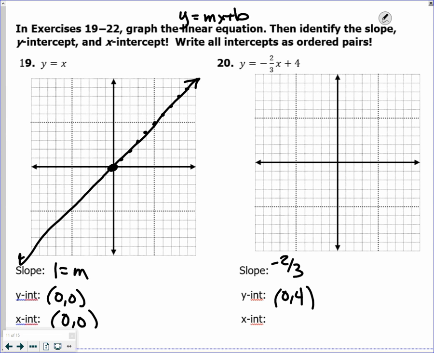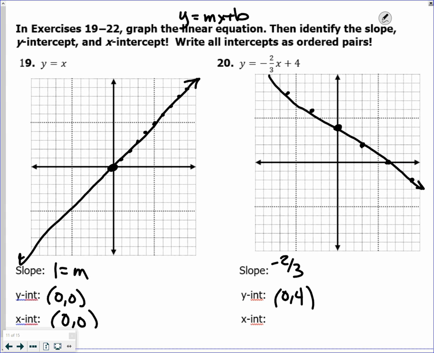So on my graph now, 1, 2, 3, 4 on the y-axis, and a slope of -2 over 3. So down 2 to the right 3. Now, with that being said, you can go +2, meaning up, but then you would have to go -3 to the left. So graphing my line, trying to graph this as straight as possible.